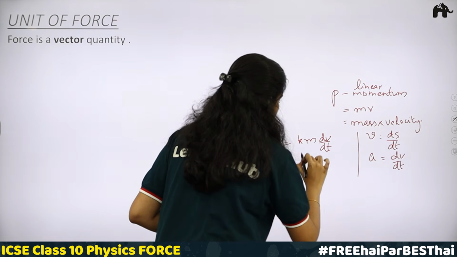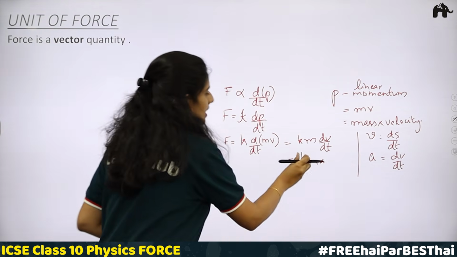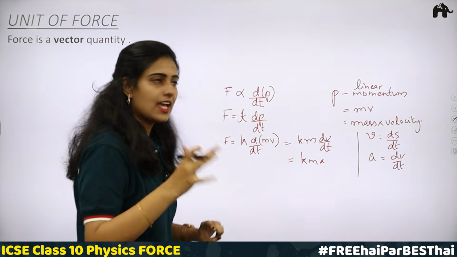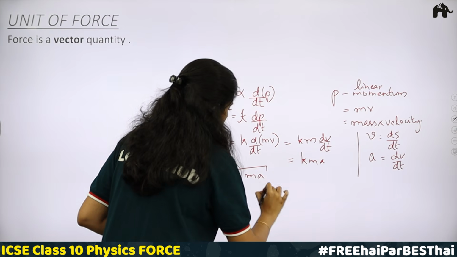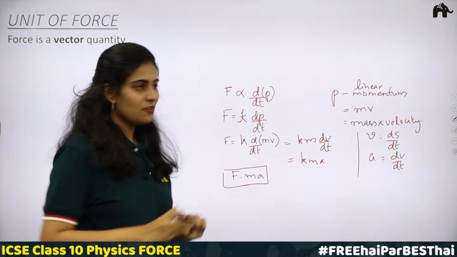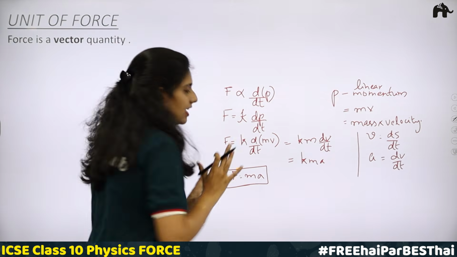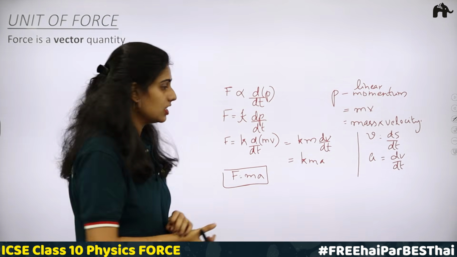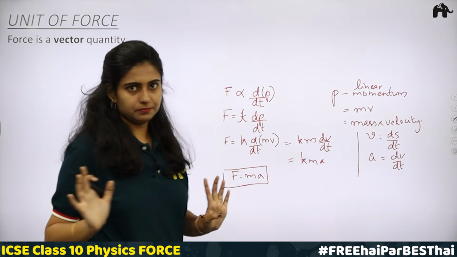So this can be written as k m a. Okay, for convenience, let us take this constant k as 1. F = ma. Force is equal to mass into acceleration. So from the second law of motion, we get the equation for force: F = ma.